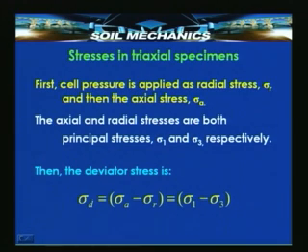Obviously, since no other pressures are acting, the radial pressure is going to be the minor principal stress, and the axial stress that is applied is going to be the major principal stress, respectively acting on a vertical plane and a horizontal plane. The difference between these two, sigma d, is known as the deviatoric stress, and it is therefore equal to sigma axial minus sigma radial, and since the axial stress is nothing but the major principal stress and the radial the minor, we have sigma deviatoric is sigma 1 minus sigma 3.